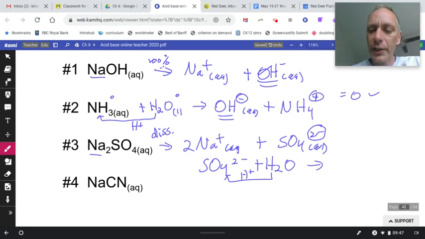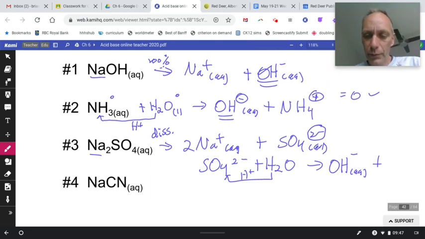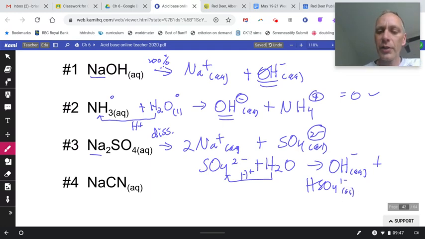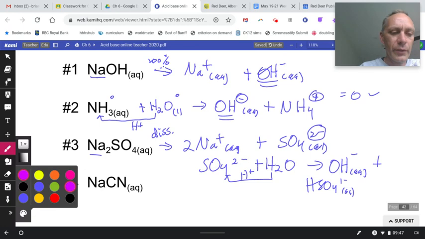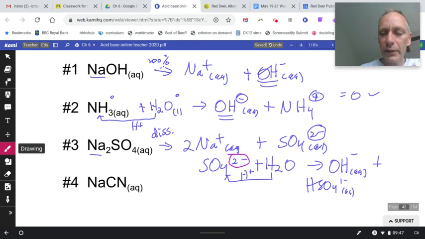Okay, so water's lost its H plus, OH minus. And SO4 2 minus has gained the H. So HSO4, and it was 2 minus. It gained an H plus, so now it's 1 minus. Check your charges. We have 2 minus on the left, and we have 2 minus on the right. I'll just dial those in for you. So there's a 2 minus and a 0, 1 minus, 1 minus, 2 minus.